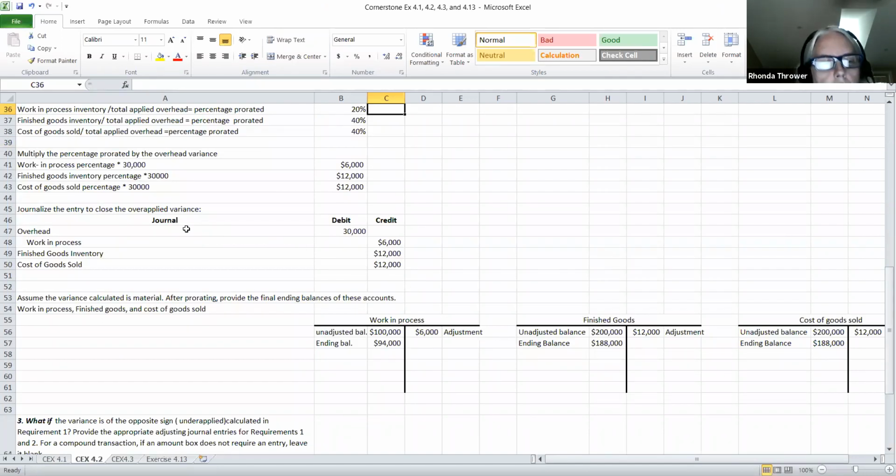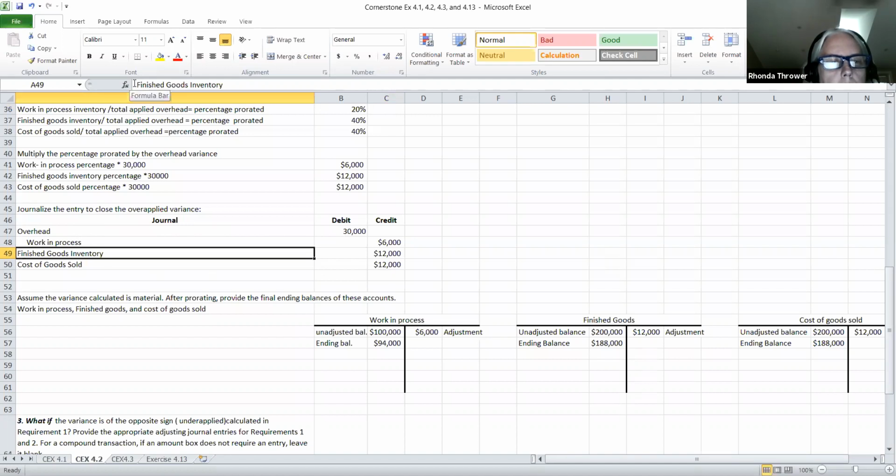So this is the journal entry that you would create. You have a debit to the overhead account for 30,000. You would have a credit to work in process, finished goods inventory, and cost of goods sold. And these should be indented. We should move them over because your credits are always indented in the journal.